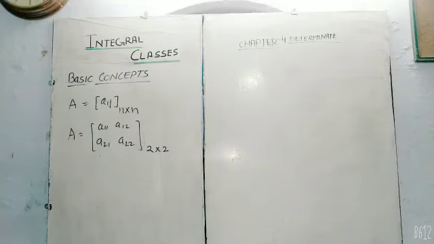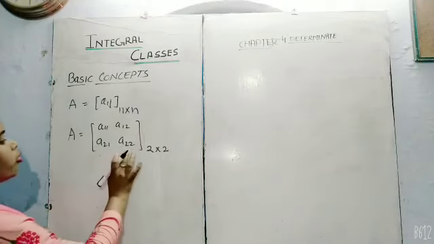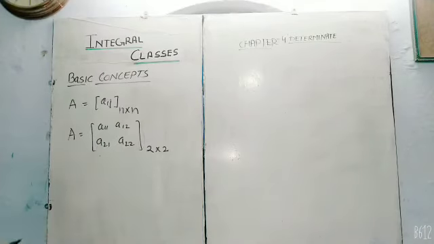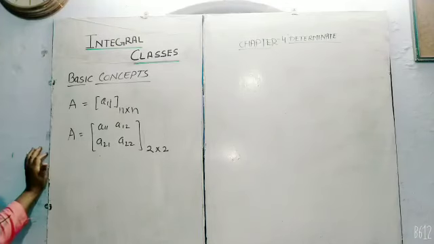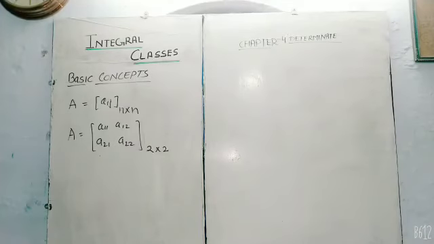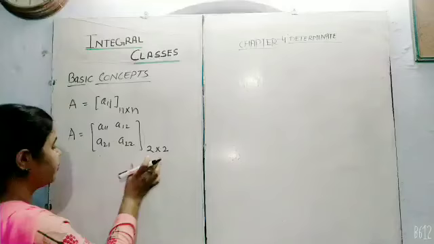Now, the elements should be real or complex. It means in matrices we have learned that the elements are only real, but in determinants they can be real or complex. Now, it is a square matrix.